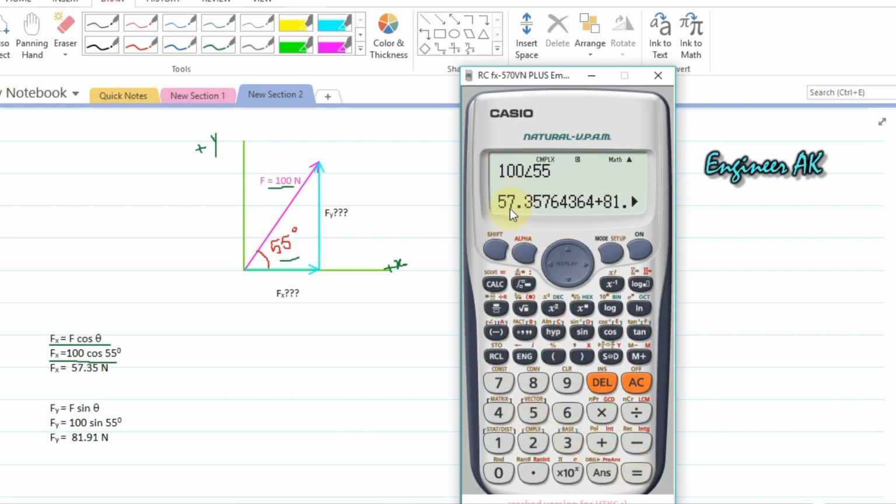We get for F of x 57.35, and here we can see it is also 57.35, and for the second one, the F of y component, I'm getting 81.91 here. So this is the method how you can directly find the components of the given force. Thank you for watching, and see you in the next video.